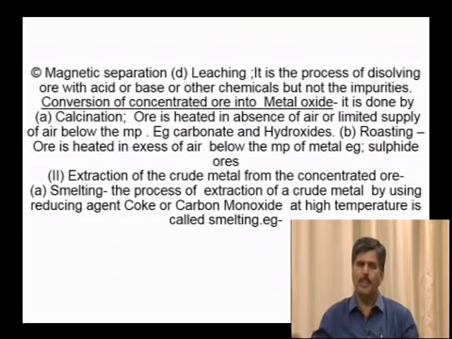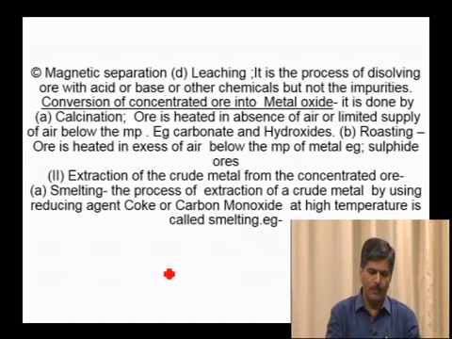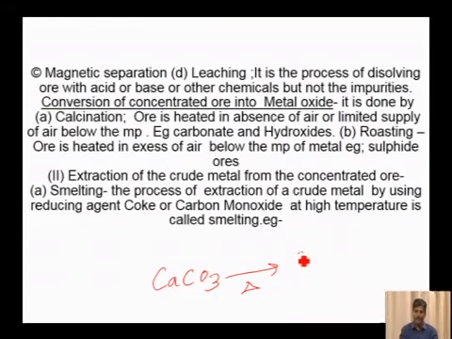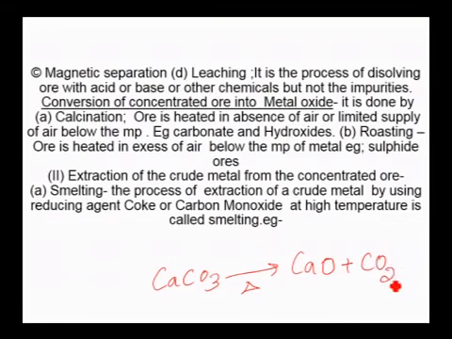For example, CaCO3 on heating in the absence of air is converted into CaO plus CO2. So in this one, the carbonate ore is converted into oxide of the metal.